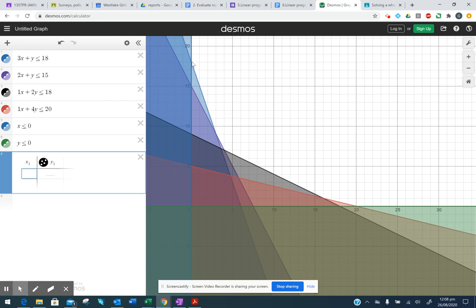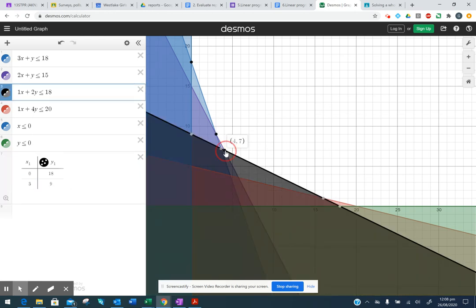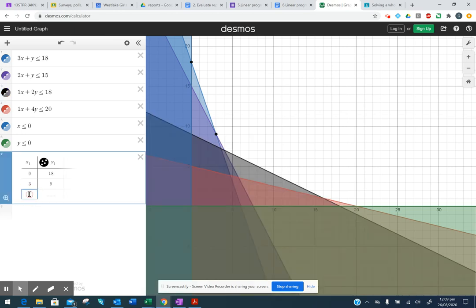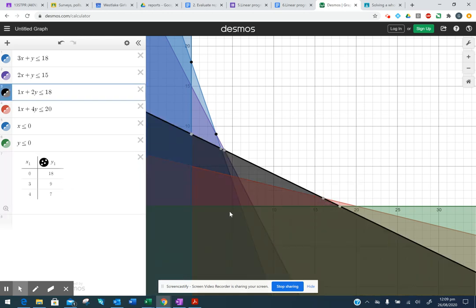So this coordinate is 0, 18. This coordinate is 3, 9. This coordinate is 4, 7. This coordinate is 16, 1.